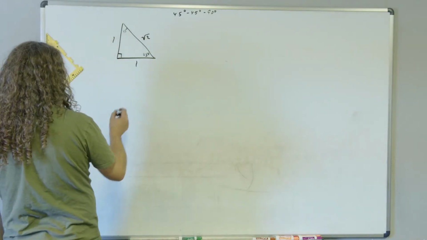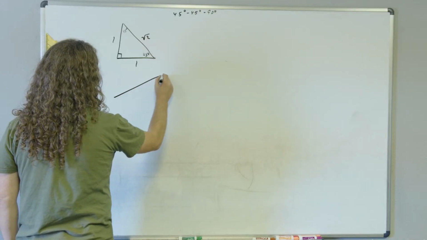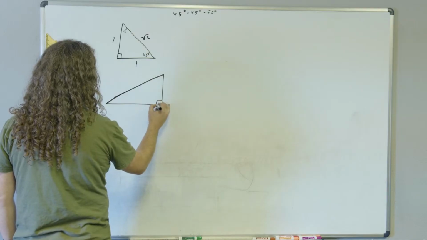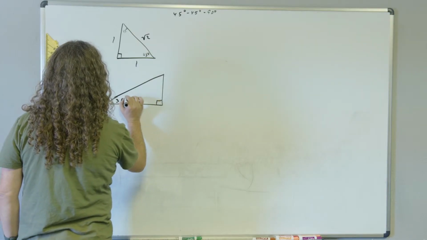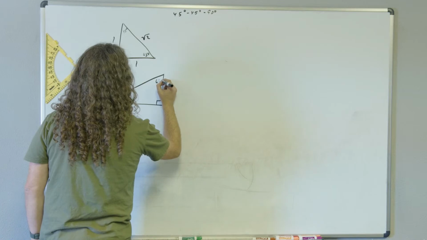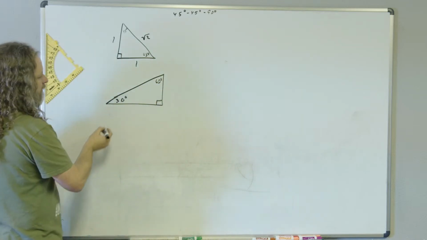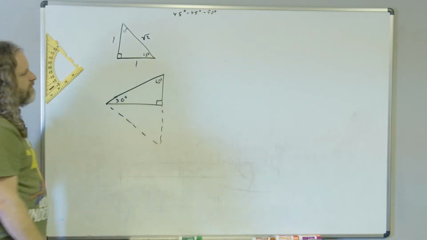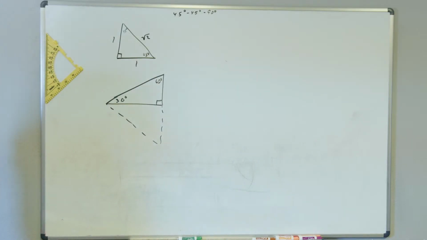All right, so the other special right triangle is a 30, 60, 90 triangle. If you'll remember from geometry, the reason why a 30, 60, 90 is special is because it's derived from an equilateral triangle, a 60, 60, 60. We chop it in half in order to make it a right triangle, and we get a 30, 60, 90.